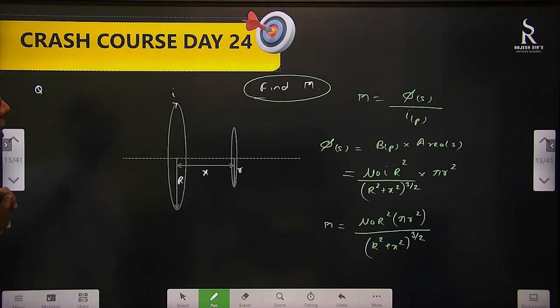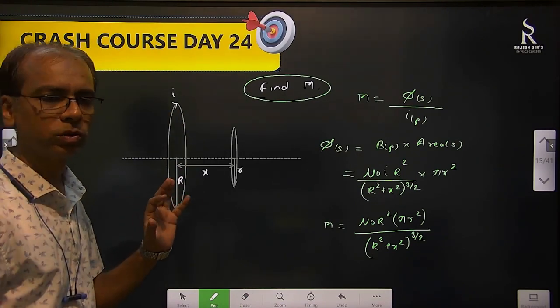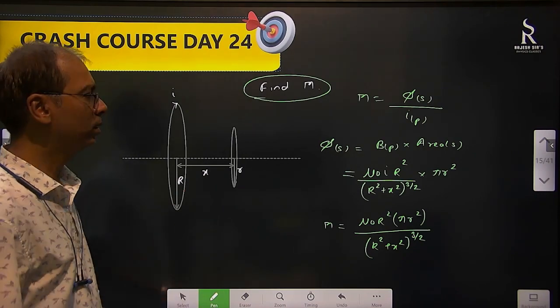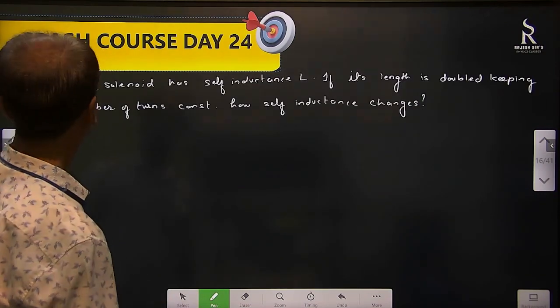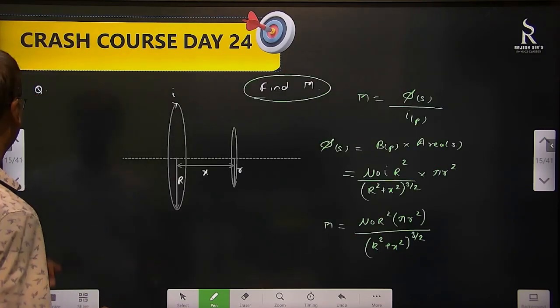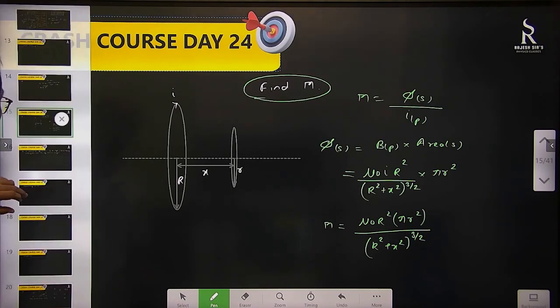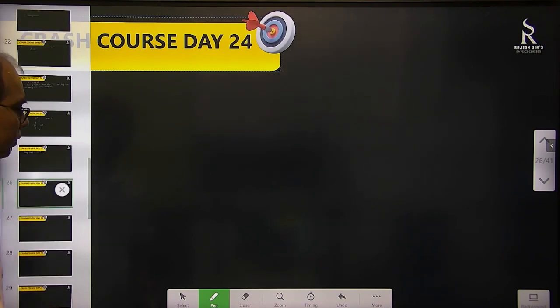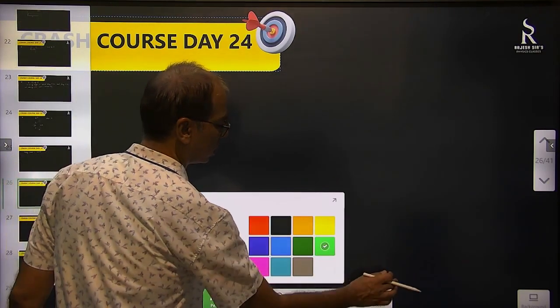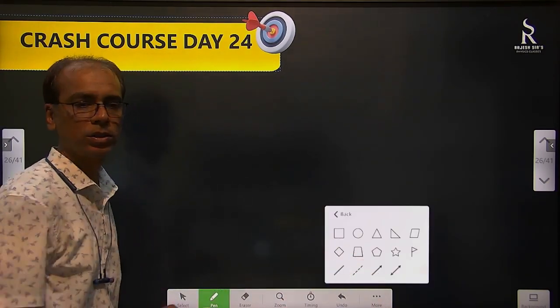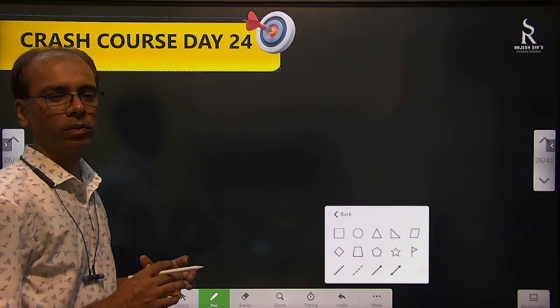Now, suppose we try to do one for a solenoid also, because a solenoid is called an inductor. So let's do one question on that. Let's try to solve it here. Let's make two solenoids, and how to make those? One inside the other.